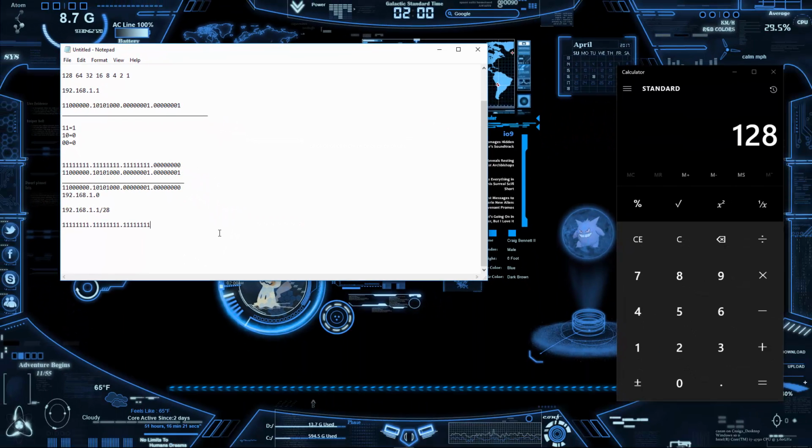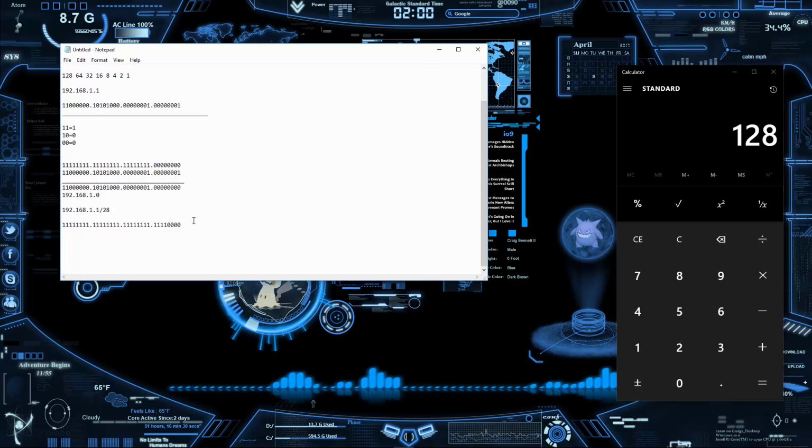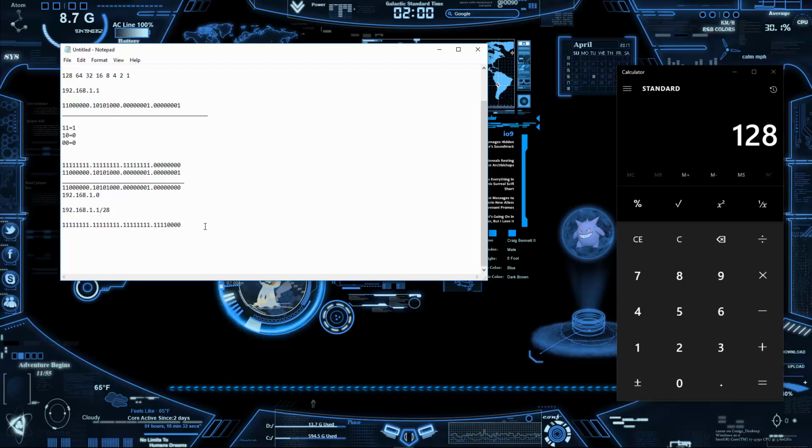But it's important to note 1, 2, 3, 4, 5, 6, 7, 8, that's in binary. So it's 28 ones. And if we use the formula as above, it's obviously 255.255.255, and then this last little bit.